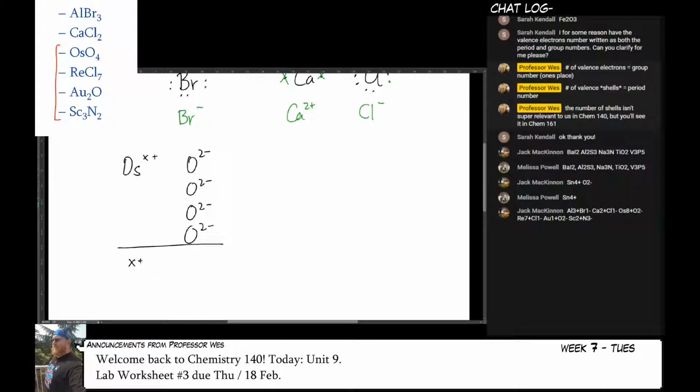I want to write 2 minus times 4. All right, so -2 times 4 has to be the same amount of negative charge as whatever X is. So what must this be? It's got to be 8 plus.